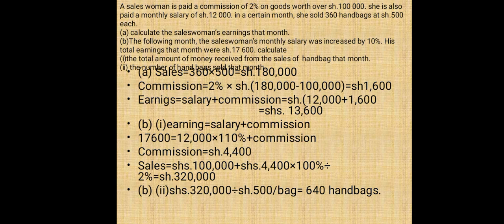Part B, you are told the salary was increased. Now, the total earning will be salary plus commission. Now, salary plus commission is equal to 17,600.